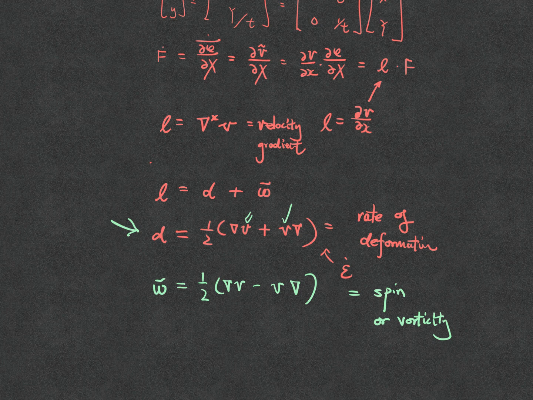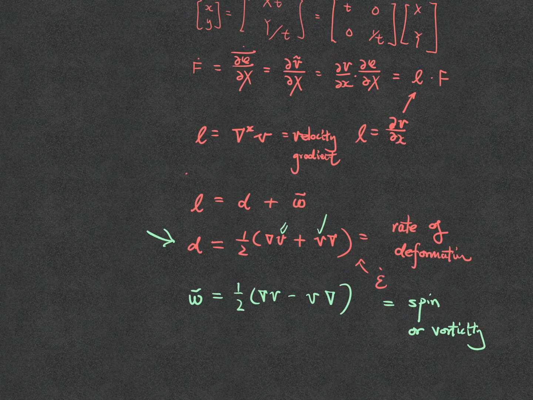So in the classical hypoplasticity, you would directly replace the epsilon dot with D, and that is sometimes the end of it, except that you also need to write the stress in a rate form that we won't cover.